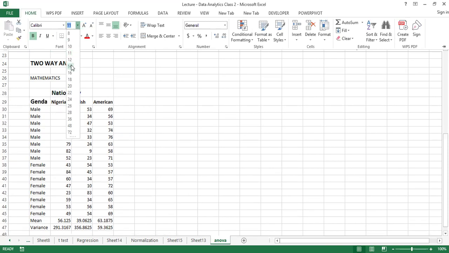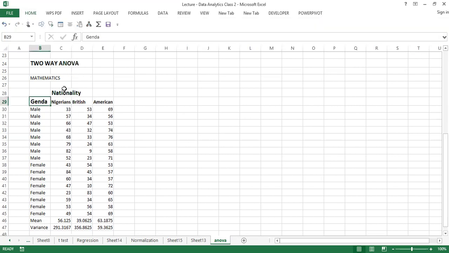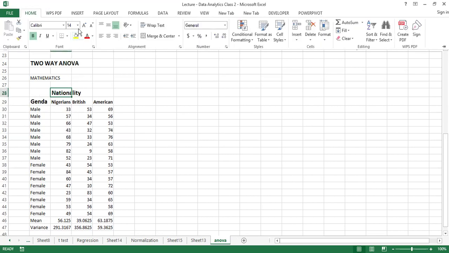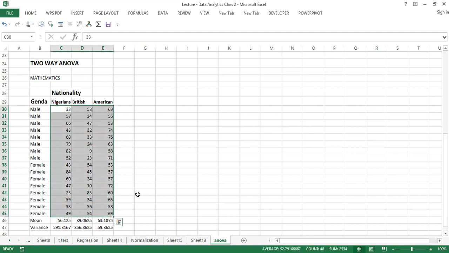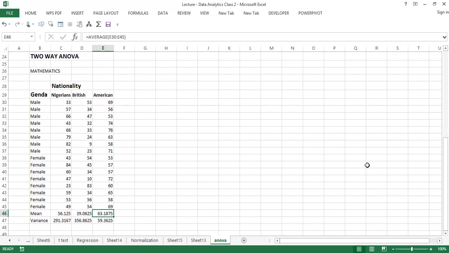What factors? Nationality, the gender. So that's our goal right now. Do these scores depend on nationality, and are these average mean scores influenced by nationality and gender? So that's our goal.